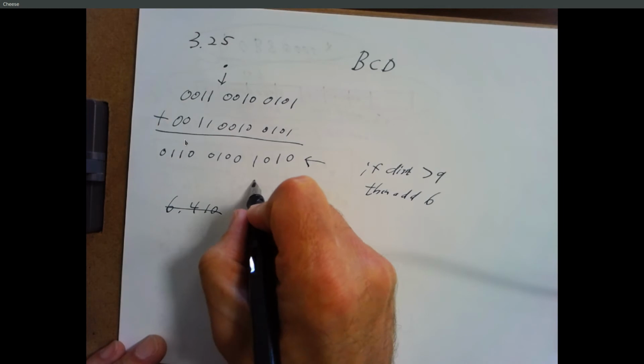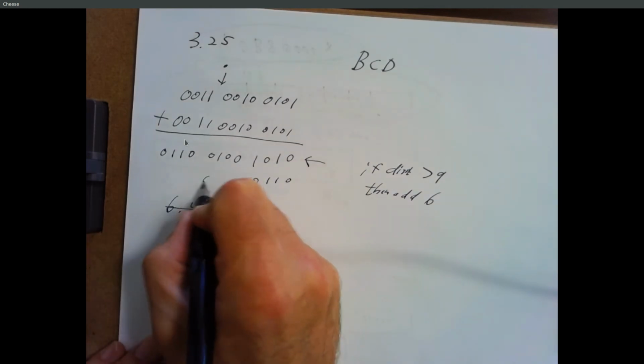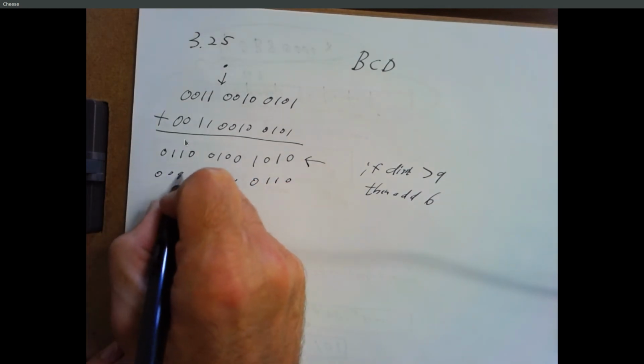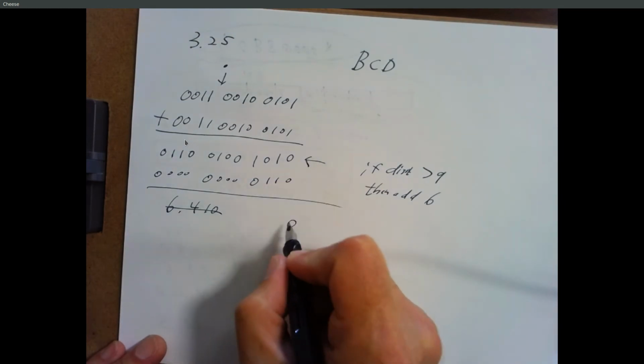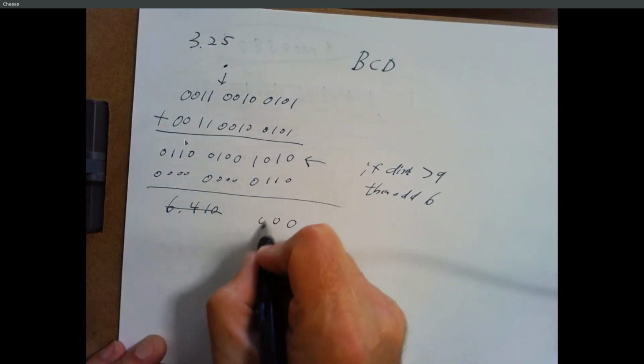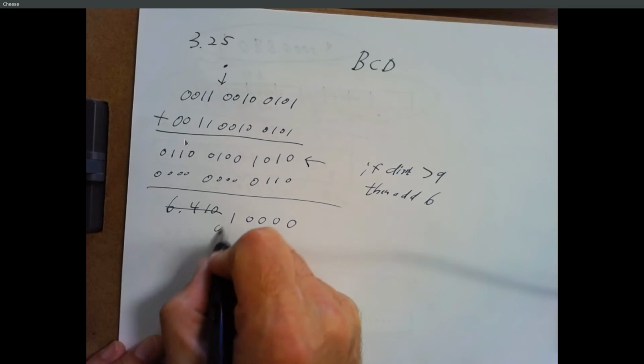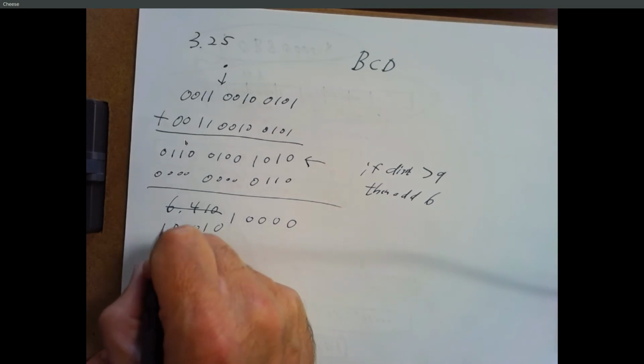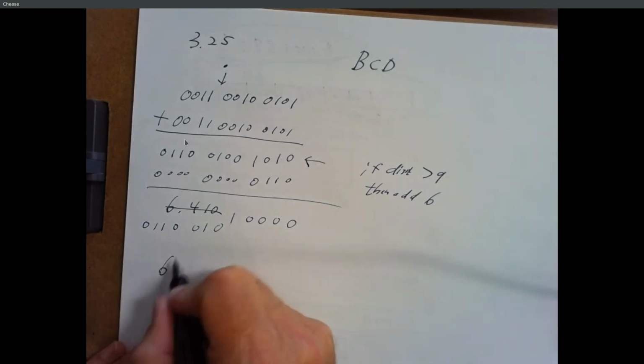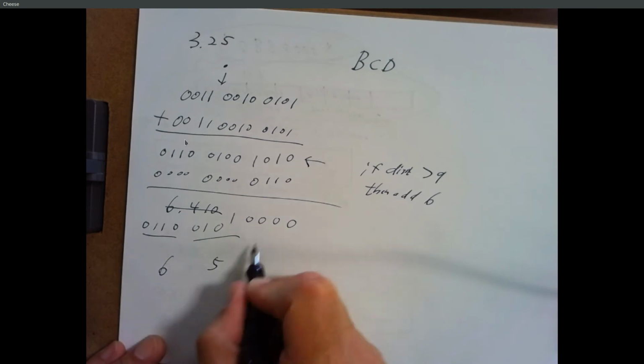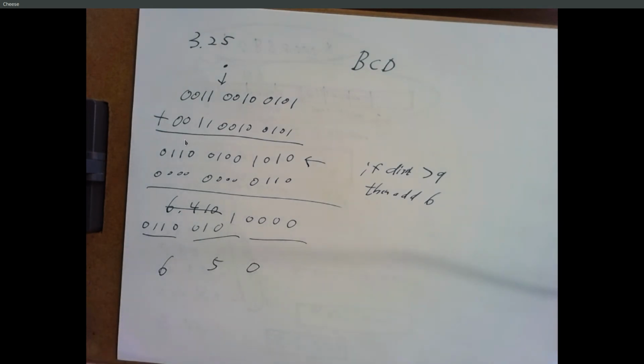So I would add 0, 1, 1, 0, and I don't need to adjust these. And so now I get 0, and 1, 1 is 0, 1, 1 is 0, 0, 1, 0, 1, 0, 0, 1, 1, 0, and there's my 6, and there's my 5, and there's my 0.